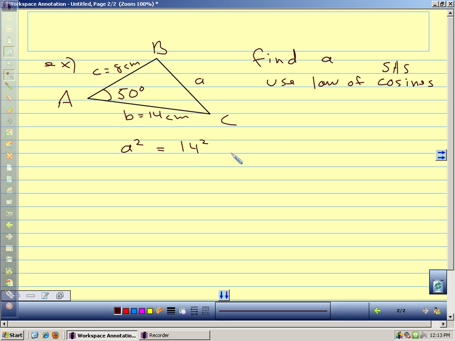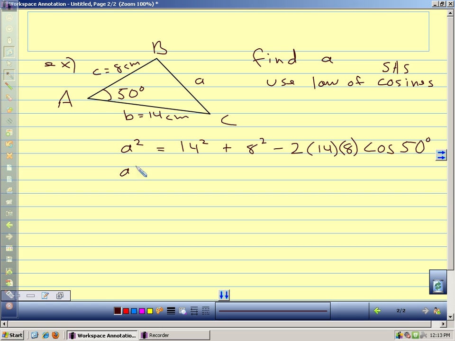B squared is 14 squared. C squared is 8 squared minus 2 times 14 times 8, 2 times B times C, times the cosine of 50 degrees. So I've just plugged all my numbers into the law of cosines.